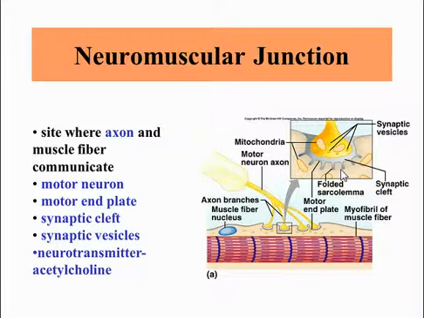If the neurotransmitter is inhibitory, it keeps the muscle from contracting. But acetylcholine in skeletal muscle is excitatory. So whenever acetylcholine is released, the potential for a muscle contraction will be greater.